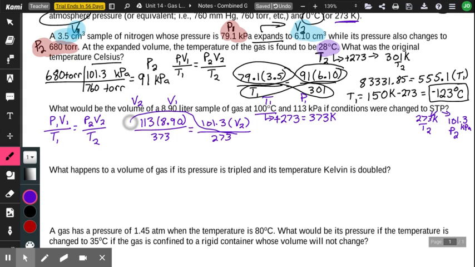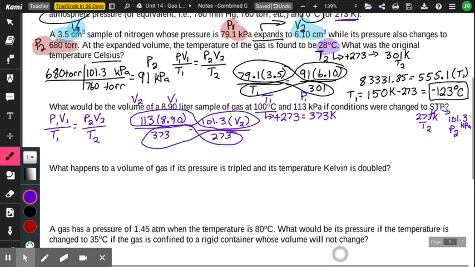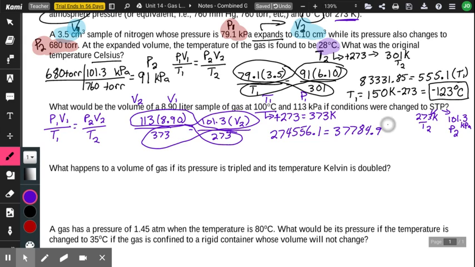So these get multiplied together, and these get multiplied together. Okay. Plug that in your calculator. What you'll find is that you get 274,556.1 equals 37784.9 times my volume 2.